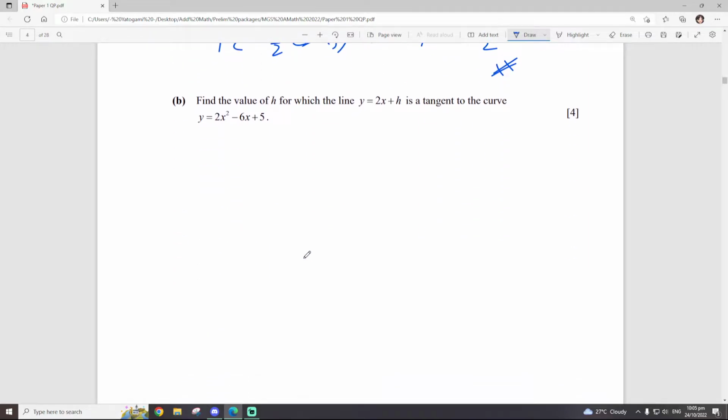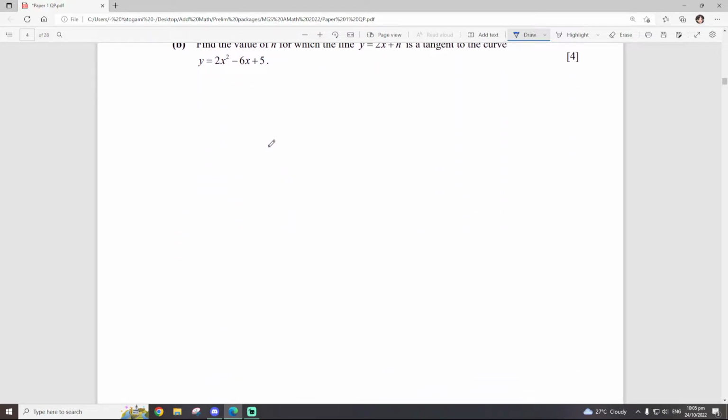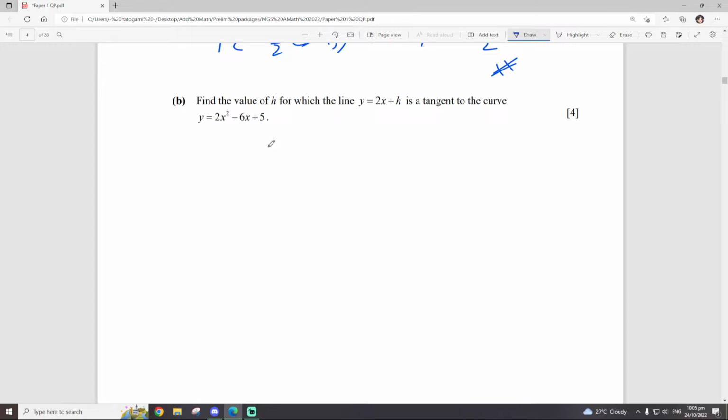Find the value of h for which the line y equals 2x plus h is tangent to this curve. Okay, so for this one we can also consider discriminant. So we'll write the corresponding quadratic equation. So take curve minus line, 2x squared minus 8x plus 5 minus h is 0.